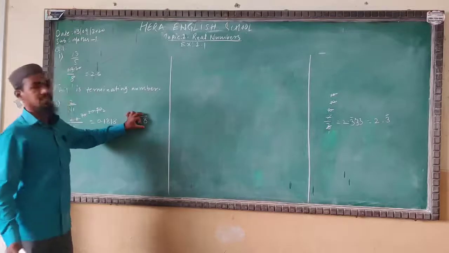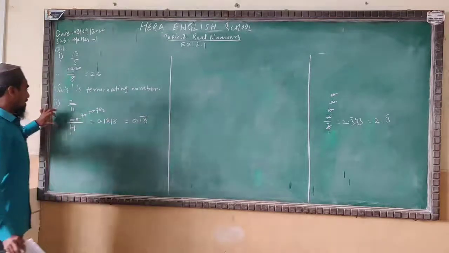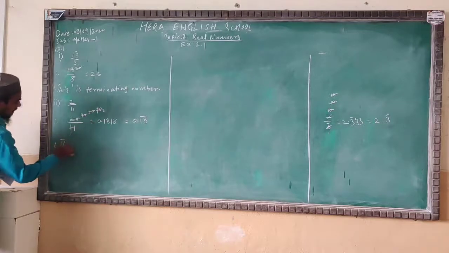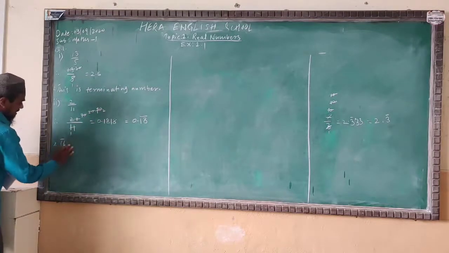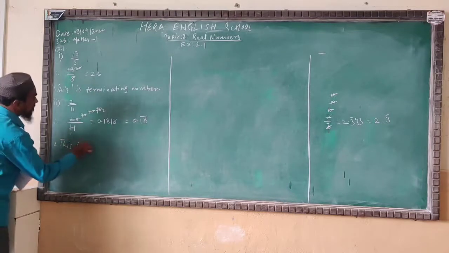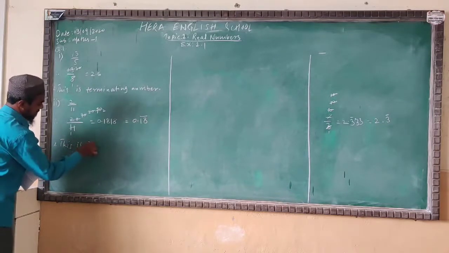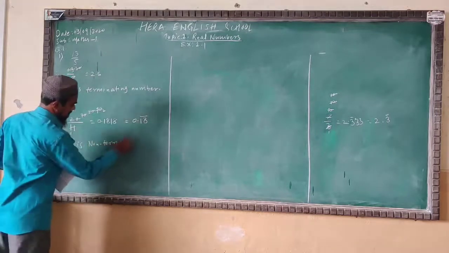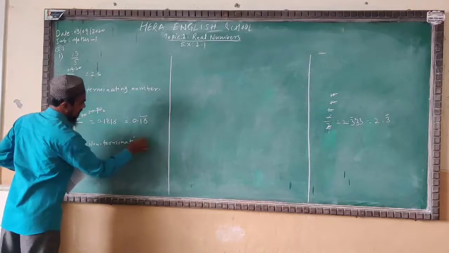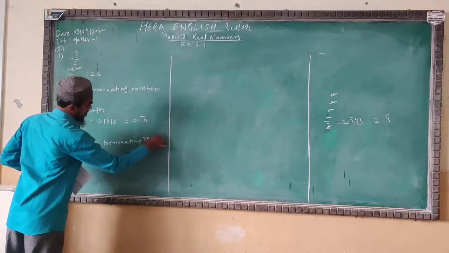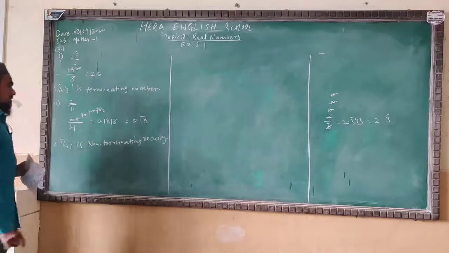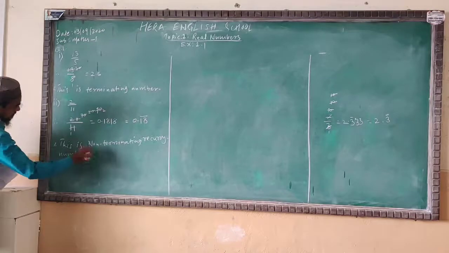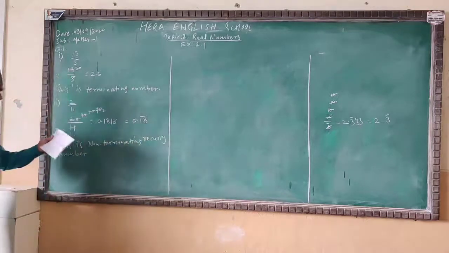Means the 18 is recurring and the number is not terminating. So we will write here as the answer: this is non-terminating recurring. Okay, this is a non-terminating and recurring number. It is your answer.